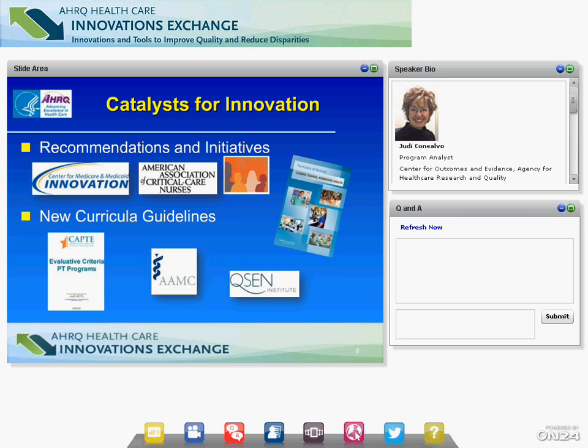Catalyst for innovation is further spurred by the American Physical Therapy Guidelines for Curricula and the Institute of Medicine Future of Nursing Report, which calls, in this case, for nurses to lead and manage collaborative efforts with other members of the healthcare team to conduct research and to redesign and improve practice environments and health systems.